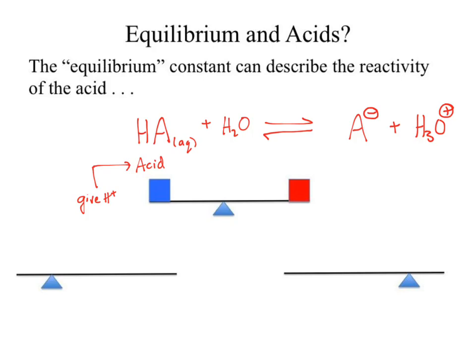What does that mean is happening with our reaction, and in particular, with equilibrium? Our acid broke down. That's what's causing the reactivity, is our acid has to be dumping that hydrogen somewhere. In this case, it's dumping it to water.